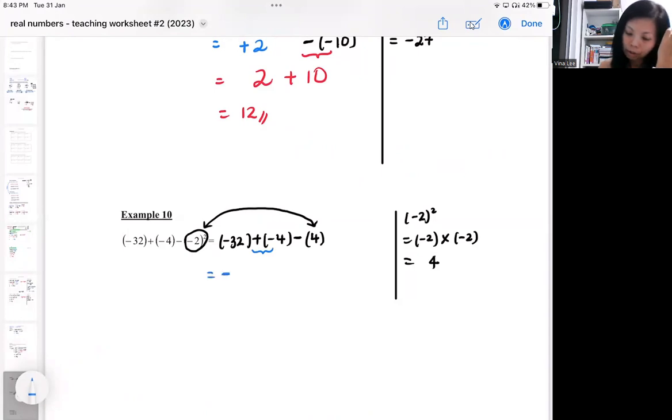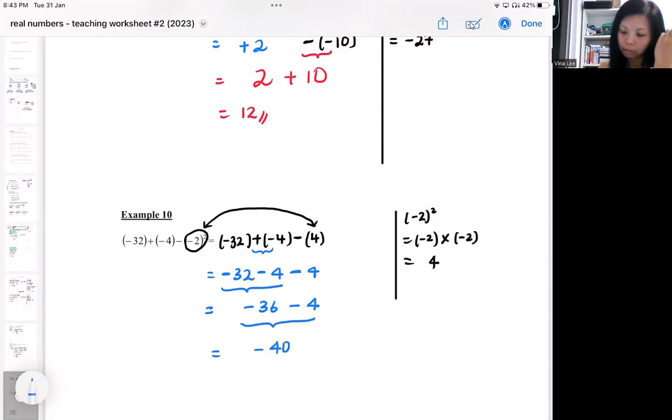So you got a negative number, -4, -4. So here, there will be a -36. And subsequently, the whole thing will be a -40.